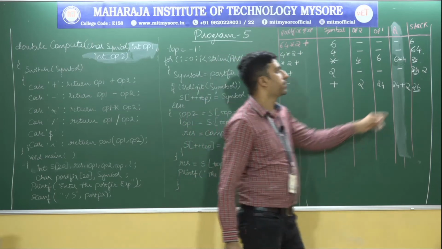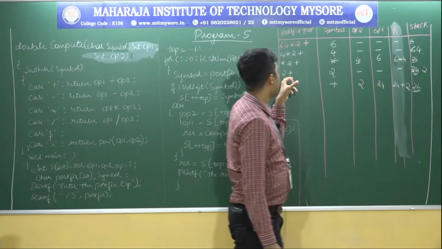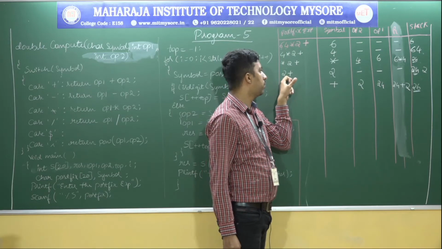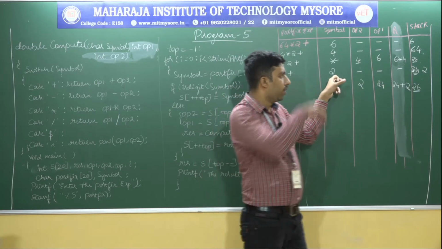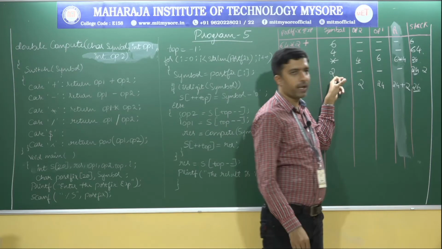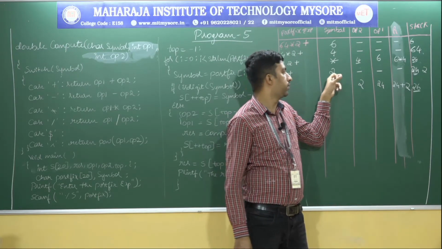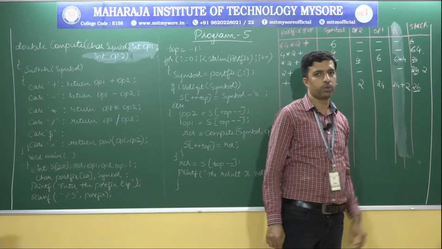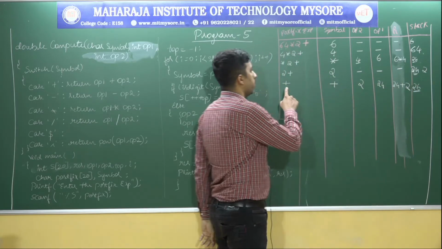Now the stack consists of 24, and the string is left with 2 plus. The next scanned element is 2. It is not an operator, so it does not perform any operations, just pushes to the stack. Later on plus comes.